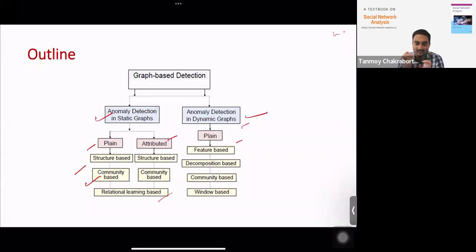Similarly, at T+1 and T+2, you look at the topological difference and then you decide, and so on and so forth. You decide across every consecutive timestamp, and then you take some aggregated approach and decide that this snapshot, or these two nodes, or these subgraphs are anomalous subgraphs. I'll talk about one such approach on anomaly detection for dynamic graphs.